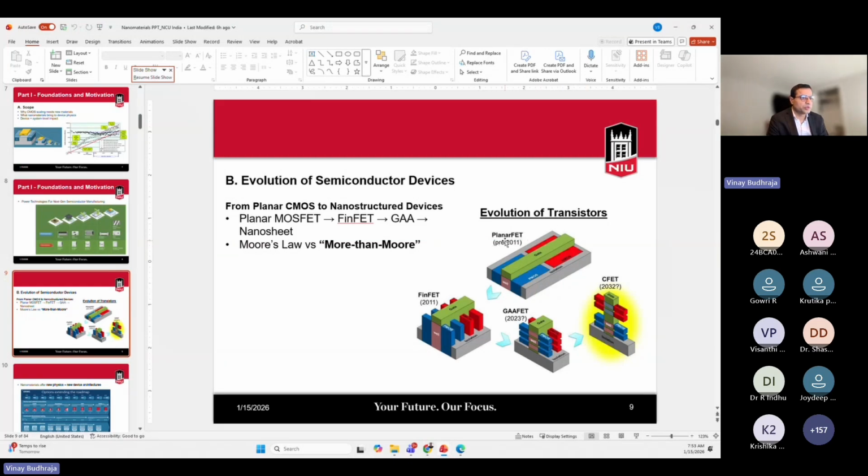Till 2011, planar FET was in development, and the size shrink was continuously happening, and in 2011 it reached its maximum limit, and then the industry decided that further shrinkage of the size will not help. So in that case, the technology of FinFET was introduced.